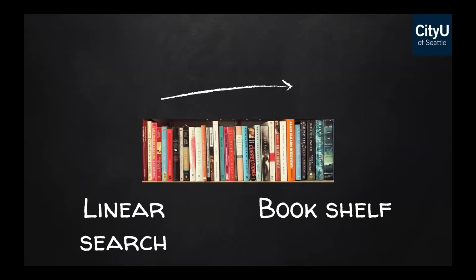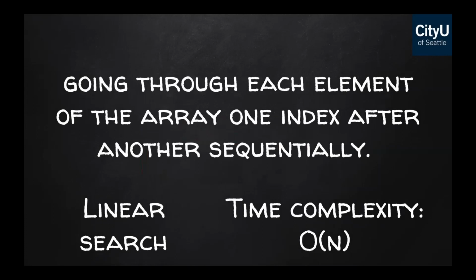You can go from this end to that end or the other way around, but you do it one at a time until you get the right book, grab it, and that's how you access it. Pretty easy. Going through each element of the array, one index after another sequentially, is your linear search. And again, the time complexity is O of n, the length of the array.